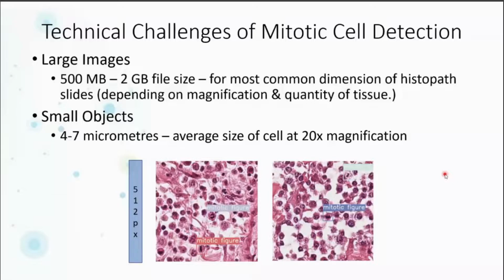I think mitotic figures qualify as that, depending on the magnification of the tissue. But in this example, tissue at 20x magnification has a structure that's about 4 to 7 micrometers in size. And that patch you're seeing there is a 512 by 512 pixel patch.